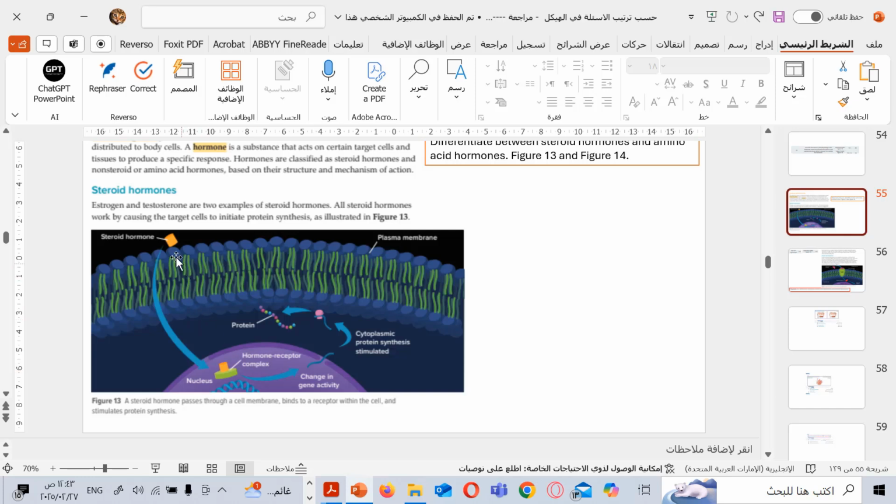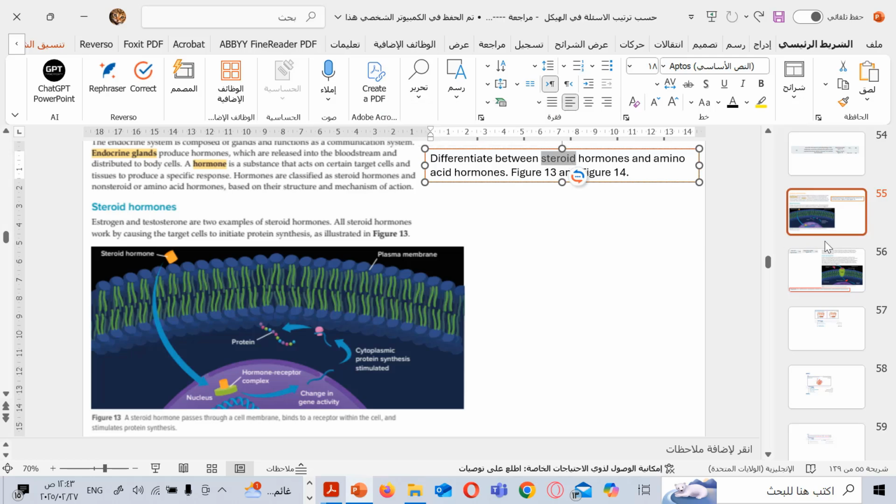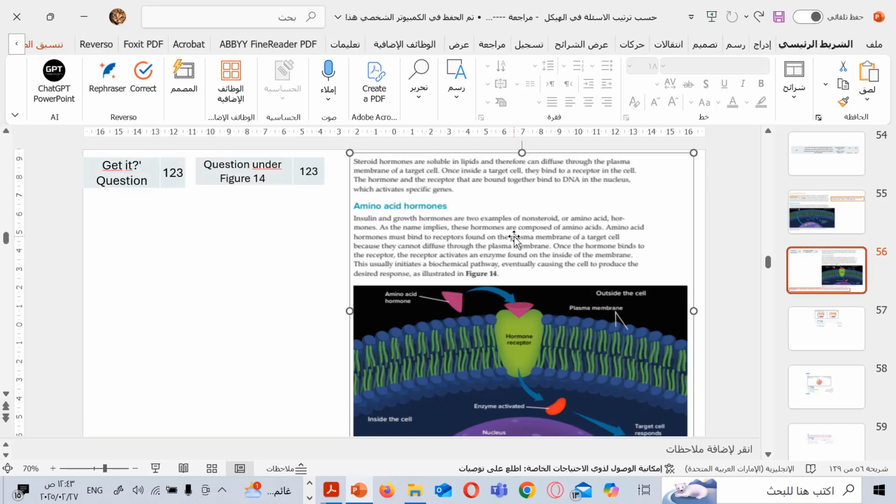This is like the steroid hormone. The other one is amino, like a delivery person from Talabat. He just comes to your door and you take the message or the thing he has, and you don't let him go inside. This is the amino hormone.